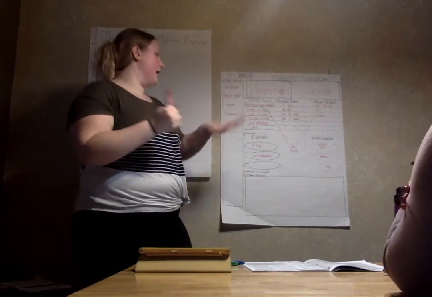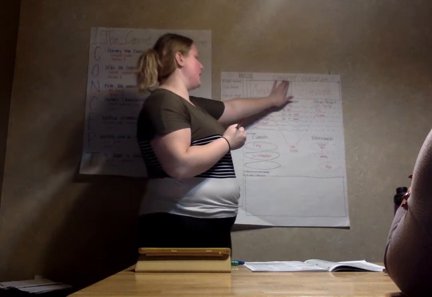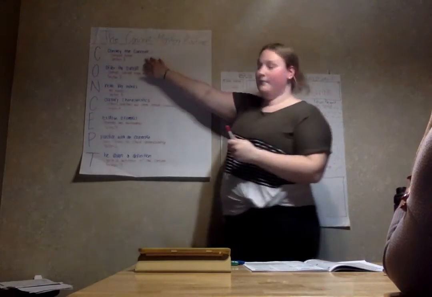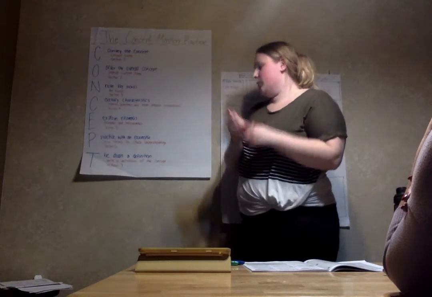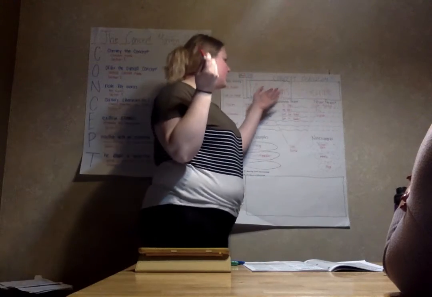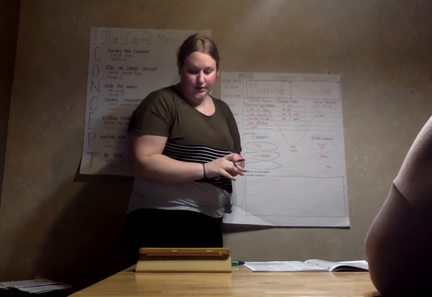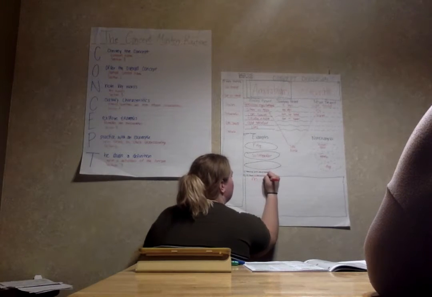Okay, so now that we have all this really cool information and we've gone through our concept, like we have over here, now we have to tie down a definition. So we're going to write a definition on our topic. What's our topic again? Amphibians. Amphibians. So we're going to start with an amphibian.